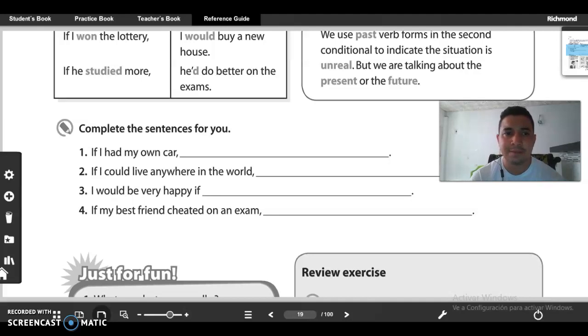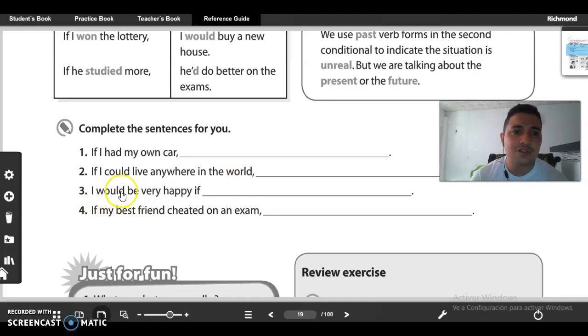Okay, it means that now the person does not have a car. For that reason, it is an imaginary situation, something that the person considers is going to happen in the near future. If I could live anywhere in the world, notice that in this case the person is living in a specific place, but now is trying to think about a different place of the world.